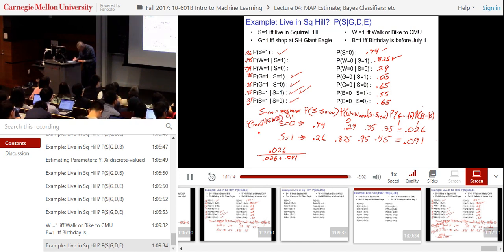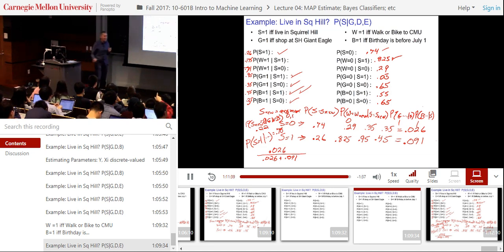Sorry? 0.22? Okay. And so I determined that that's the probability that S equals 0, and so the probability that S equals 1, given those same things, is 1 minus that, 0.78.